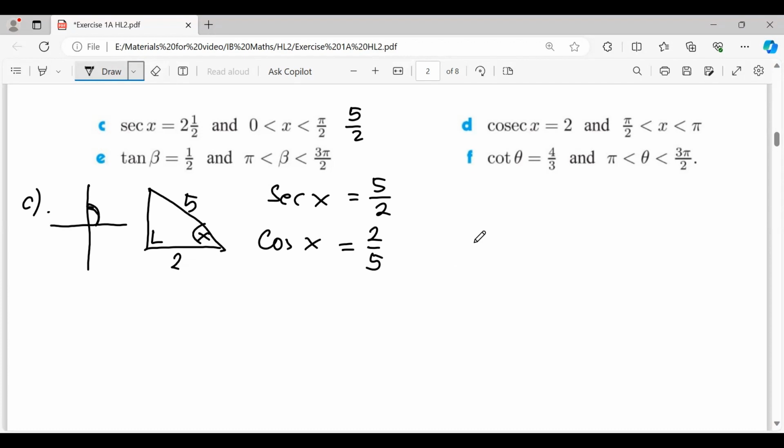Okay, right. This side is the square root of 5 squared minus 2 squared, equals square root 21. Okay.